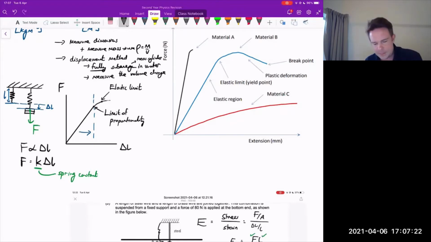So what's important is that the limit of proportionality is the point beyond which Hooke's law is no longer obeyed, because we're no longer a straight line through the origin, right? It's started to curve.